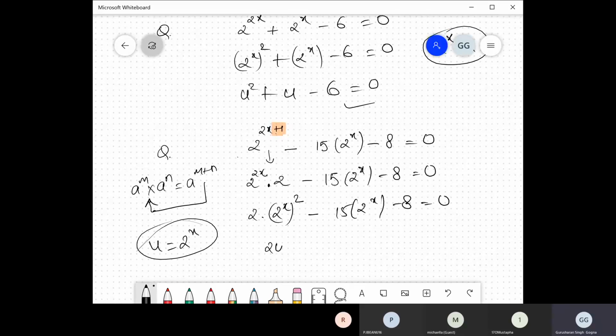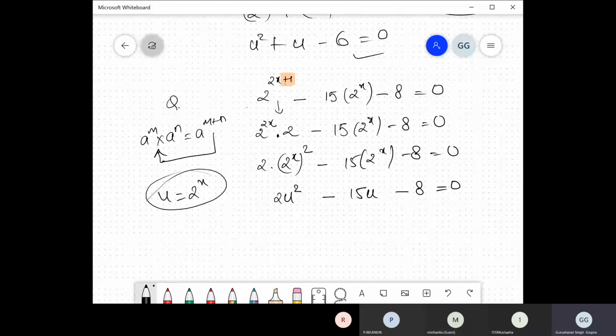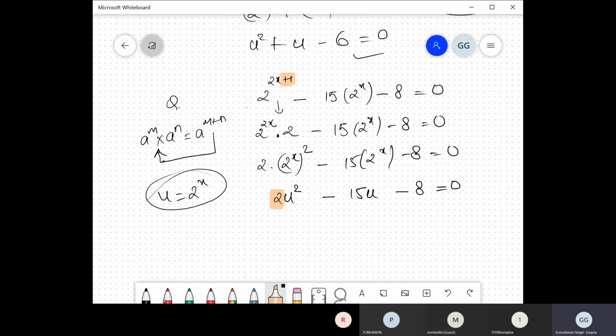So this will give you 2u squared minus 15u minus 8. Okay, so that extra plus 1 is giving you this 2 here. That's the idea behind this question. When you have 2x plus 1, if you break it, you can just separate it like that. And after that, you know how to solve a quadratic.